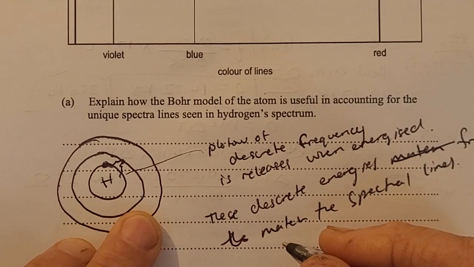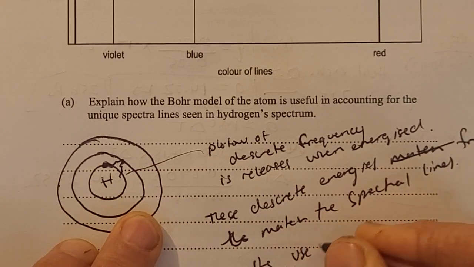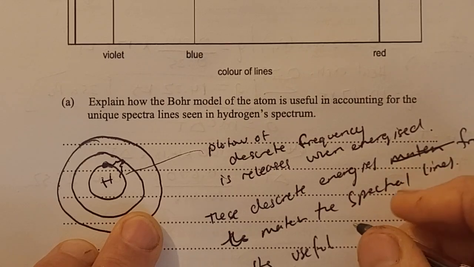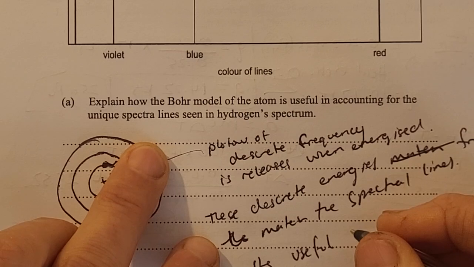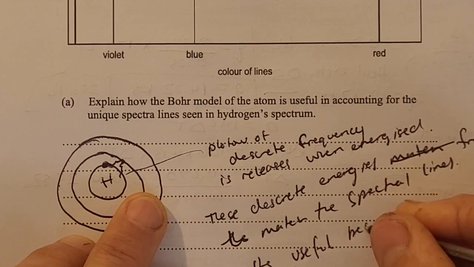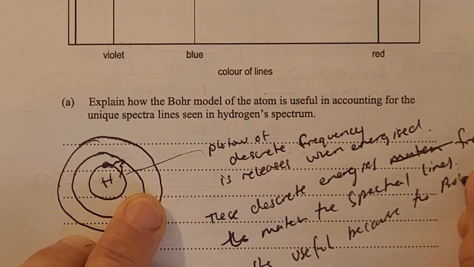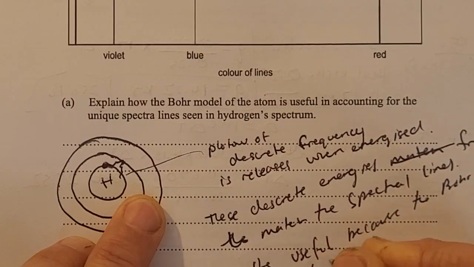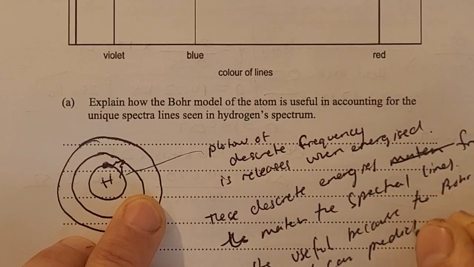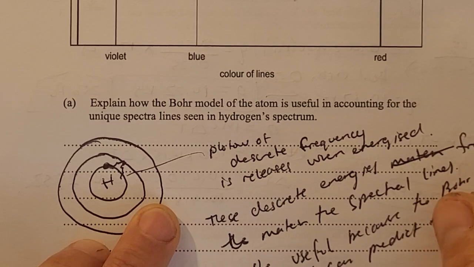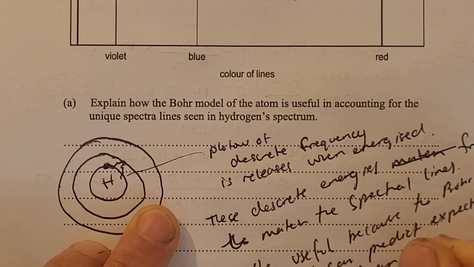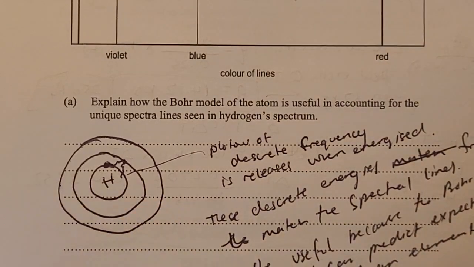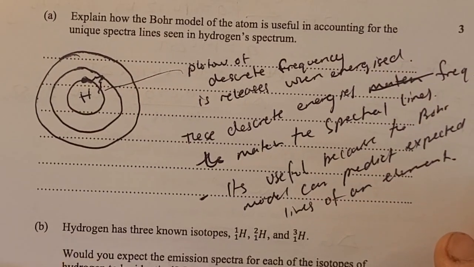It's useful. How's it useful? It's useful because the Bohr model can predict expected lines of an element. Okay, something like that.